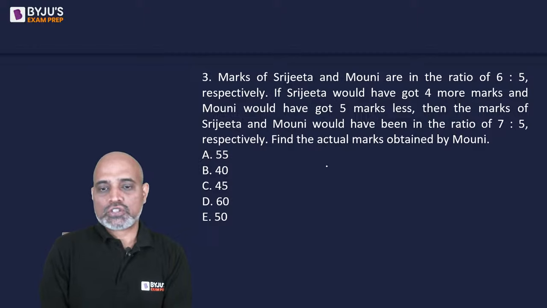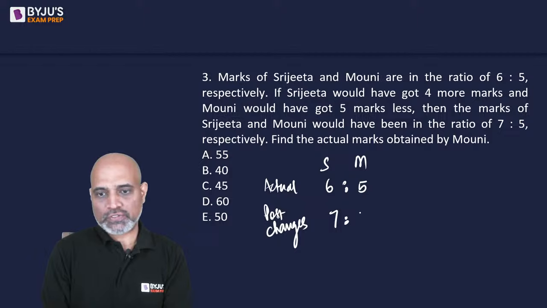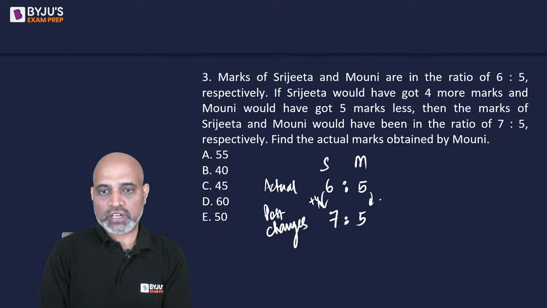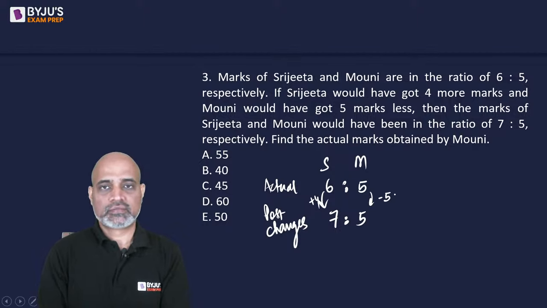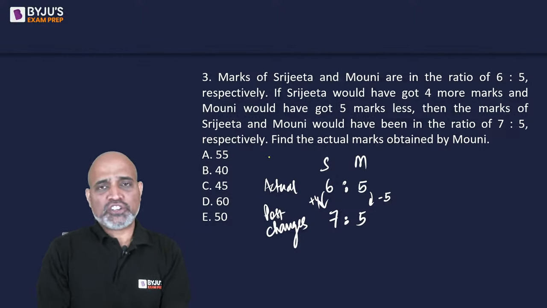Okay. So if you talk about S and M and their actual marks, they are in the ratio of 6:5. And after the changes, right, post changes, the ratio is 7:5. And what changes happened? S gets 4 more and M gets 5 less. This is what we are aware of. Now, starting with the options.